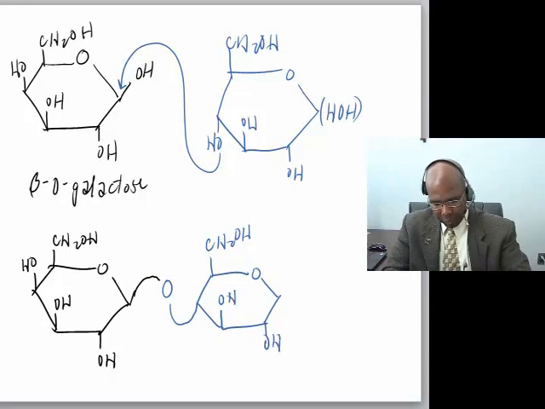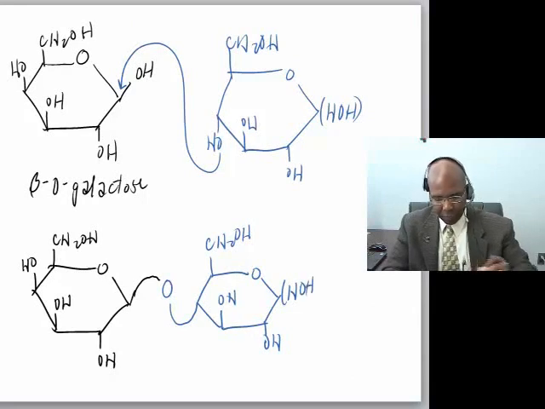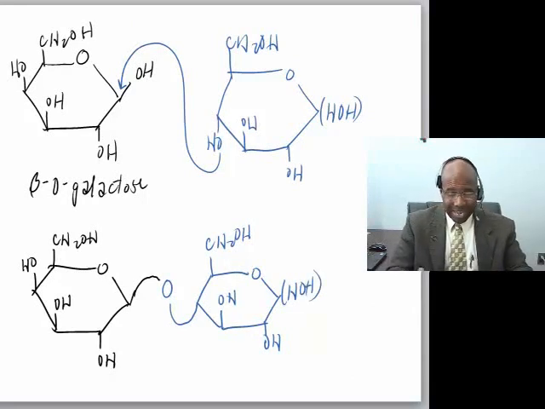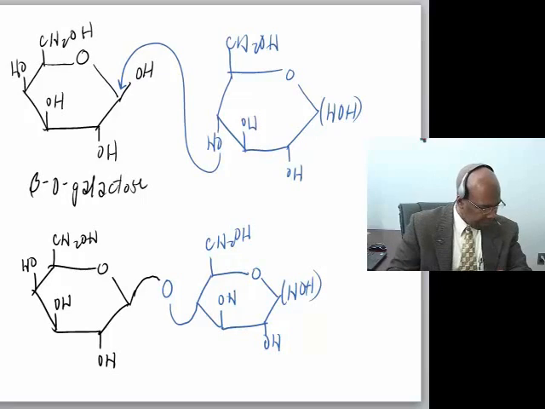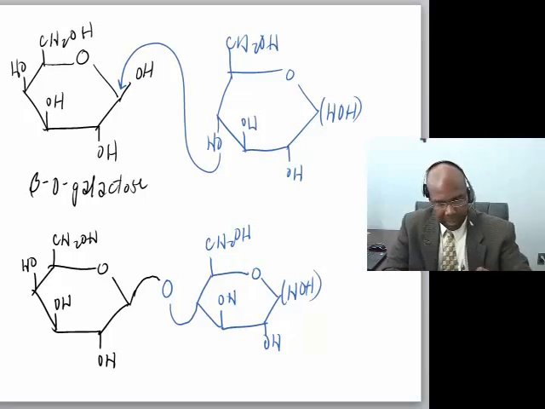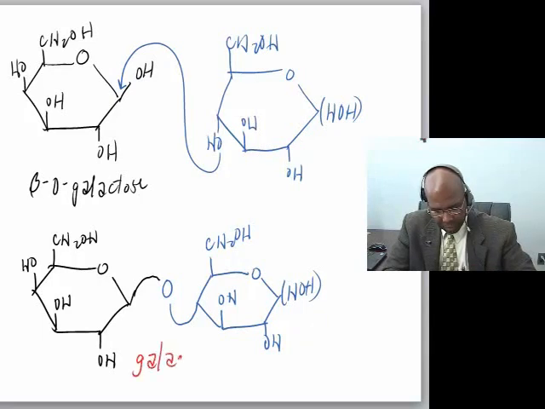And it doesn't matter what this one is. The orientation does not matter for this one. Now, let's go ahead and name this. The name of this is going to be galactose. Oh, and we didn't put here the name of this one.